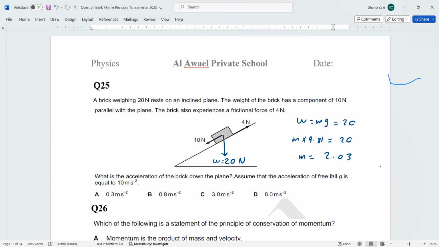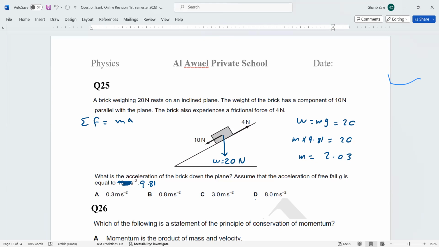What is the acceleration? Here he said, assuming the acceleration of free fall g. In the exam, it is 9.8. We don't use 10. Here, this is the mass, and the formula that we use is the resultant force equals ma.